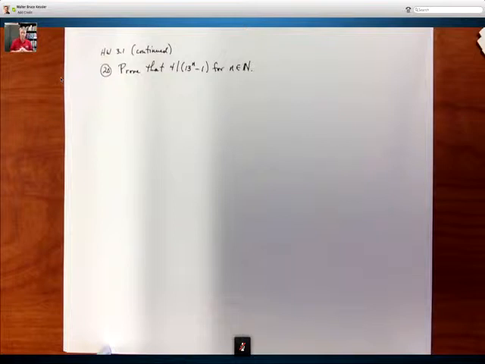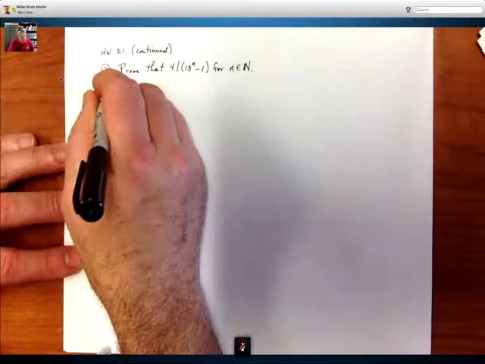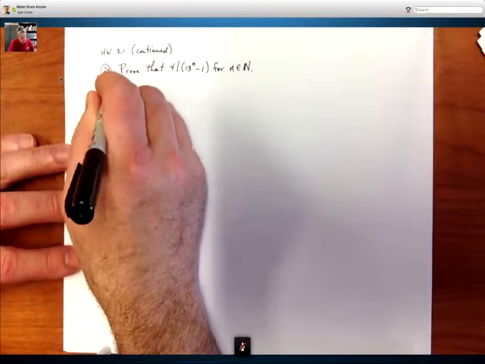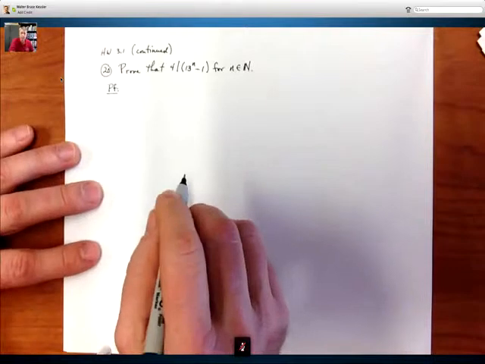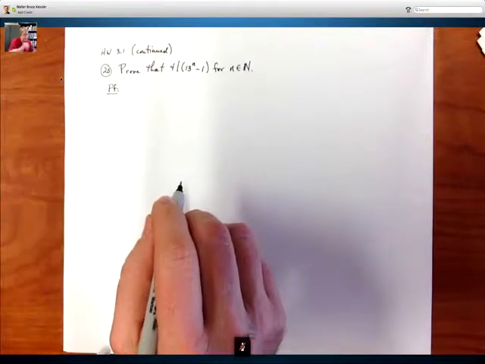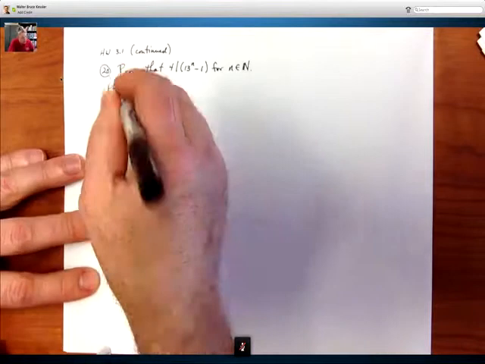Problem 20 says, prove that 4 divides the quantity 13 to the nth power minus 1, and that holds for all natural number n. So if we're going to prove this, I think that I am most likely doing a proof by induction, starting with the first natural number.